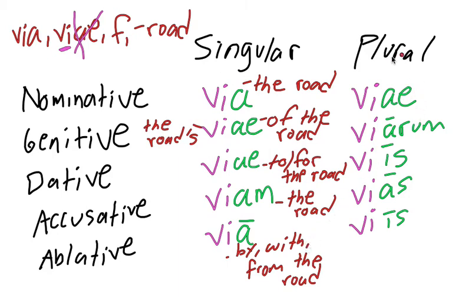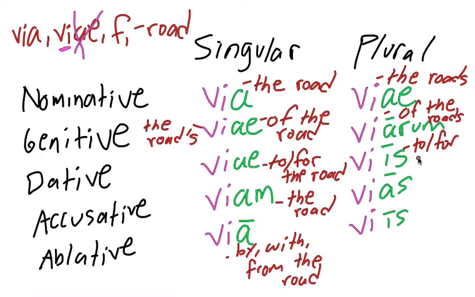In the plural, the same translations for each case apply. We just change it to the plural. The nominative plural viae would be the roads, and the genitive plural would be of the roads. The dative plural would be to or for the roads. The accusative would be the roads.